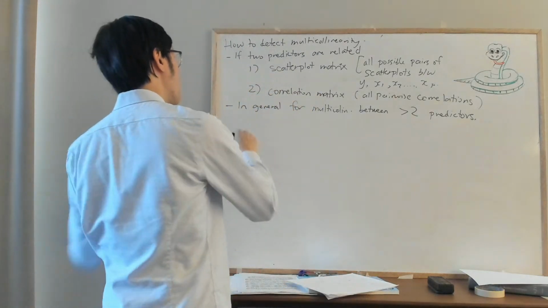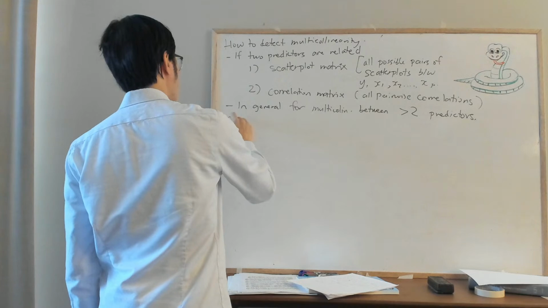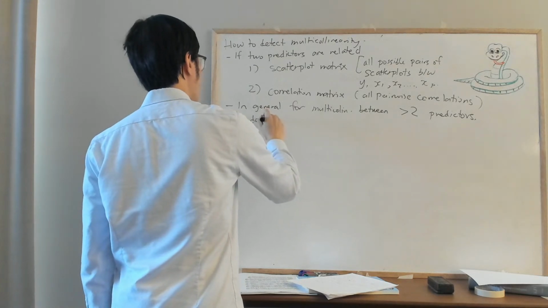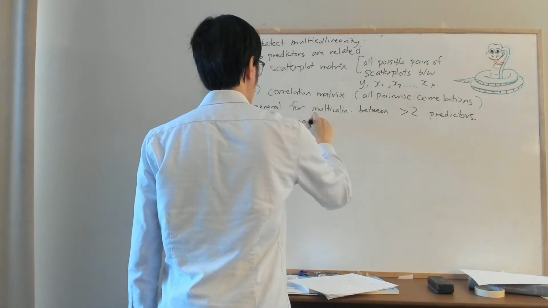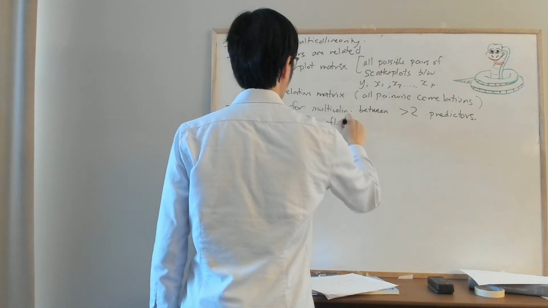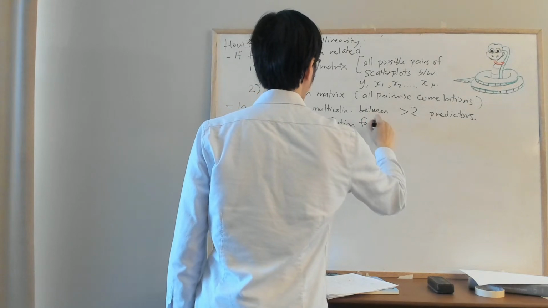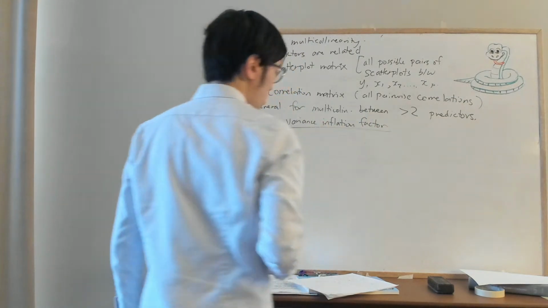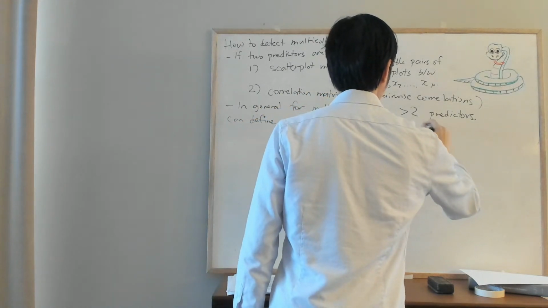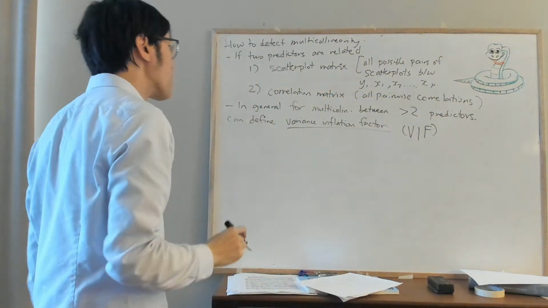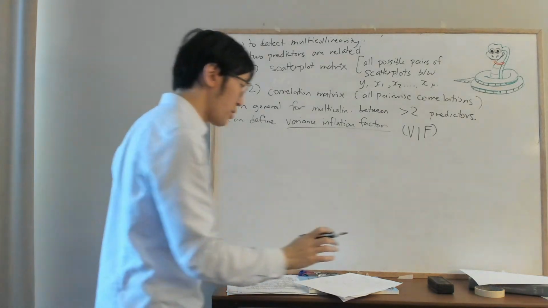So we're going to define the variance inflation factor. We'll call this the VIF, and we can calculate that for each of the predictors.